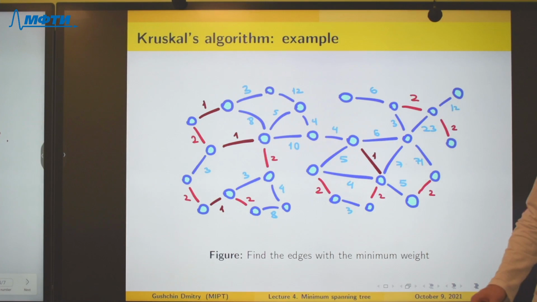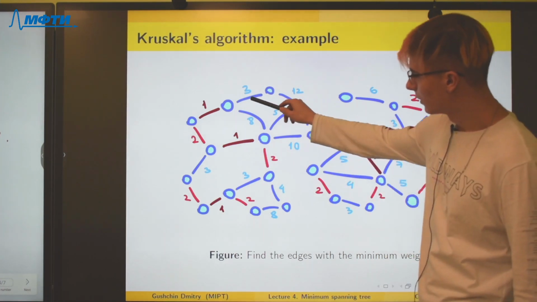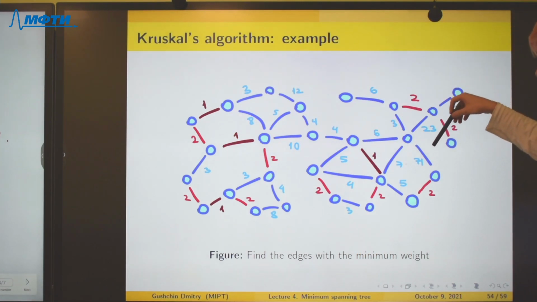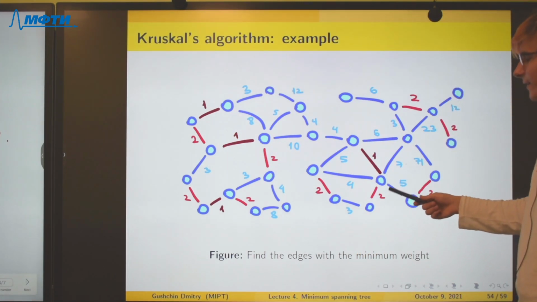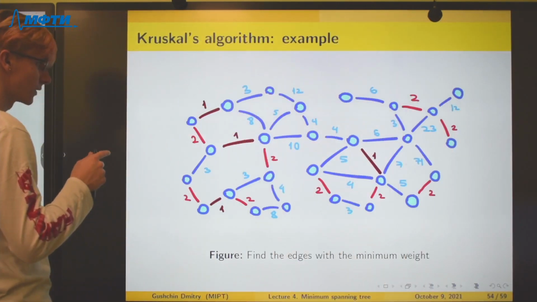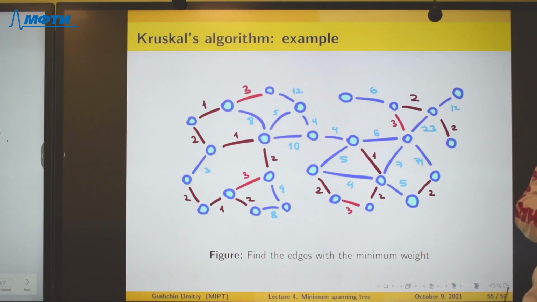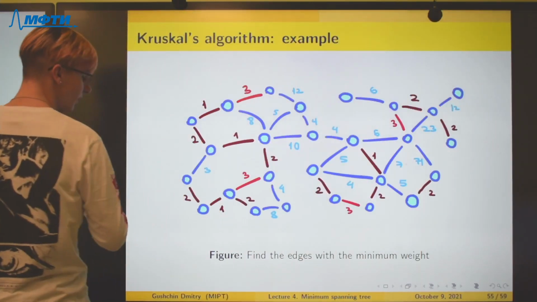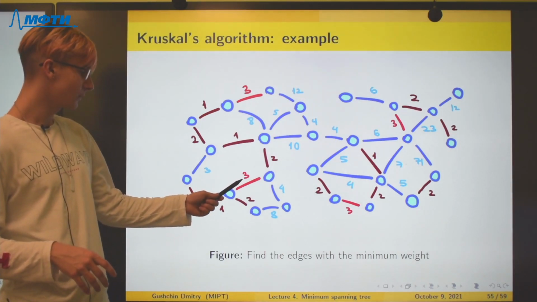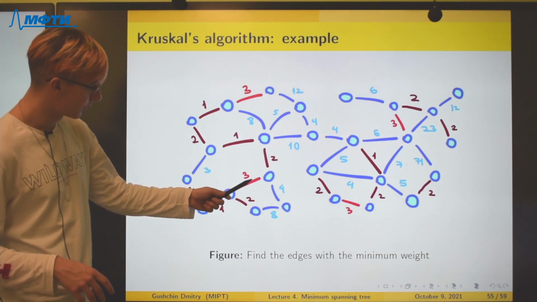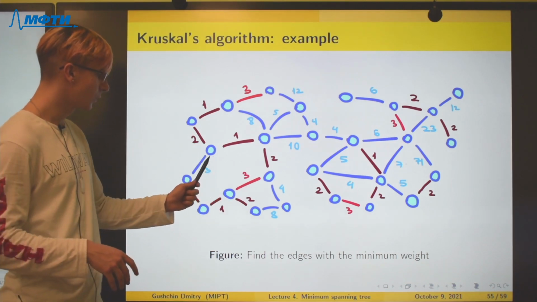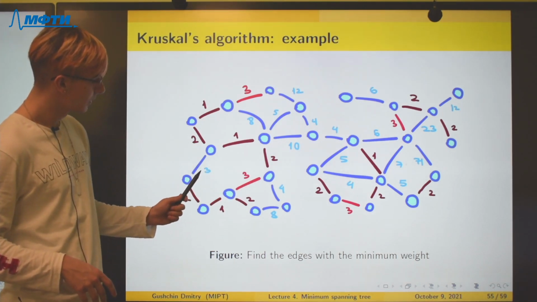Then we repeat. We now have fewer than 26 components, and we add edges with the weights of 2. But now, as you can see after this step, we have, for example, 3 edges with weight equal to 3. For these 2 components, we have these 2 edges with weights equal to 3.